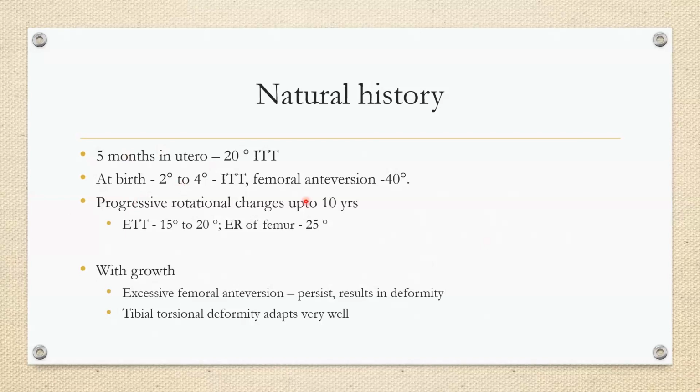Both these deformities progressively change with age, up to 8 to 10 years. At 10 years, there is usually an external tibial torsion of 15 to 20 degrees, and an external rotation of 20 to 25 degrees from the anteversion of the femur at birth, resulting in an ultimate femoral anteversion of 15 to 20 degrees.